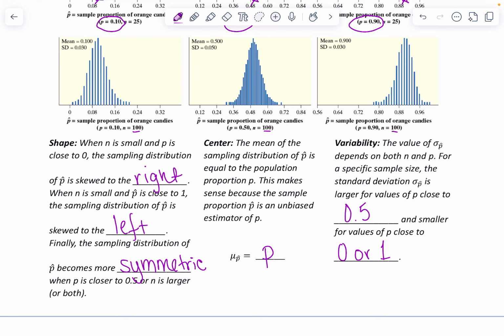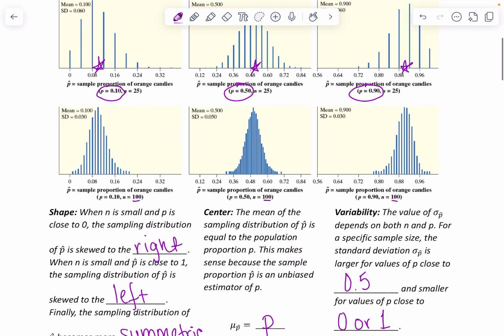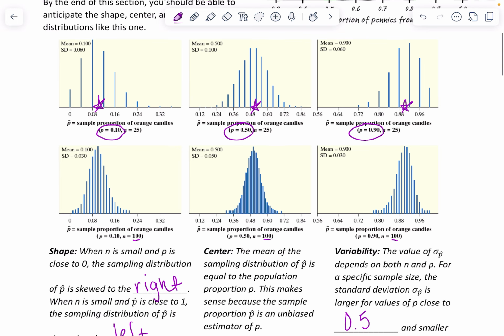Basically what it's saying is there's more spread here because it's close to 0.50 than there is here because it's close to 1, or here because it's close to 0.